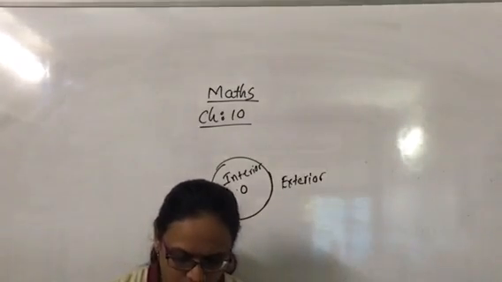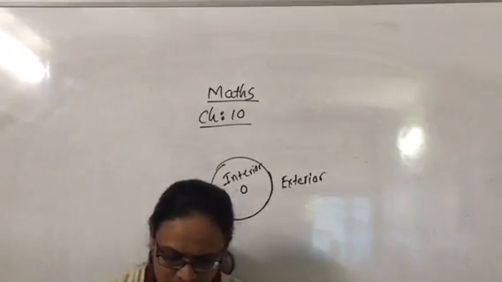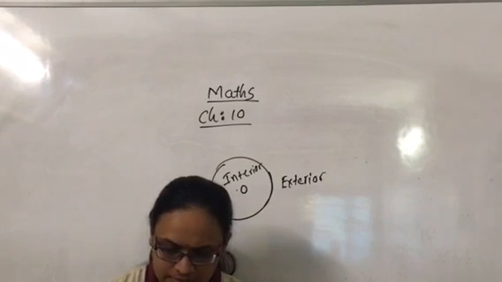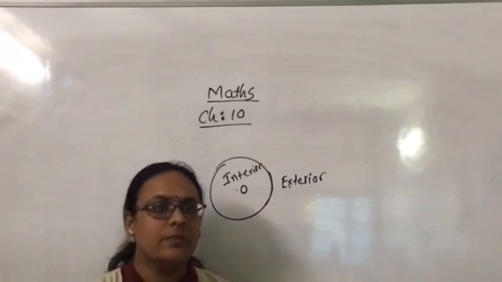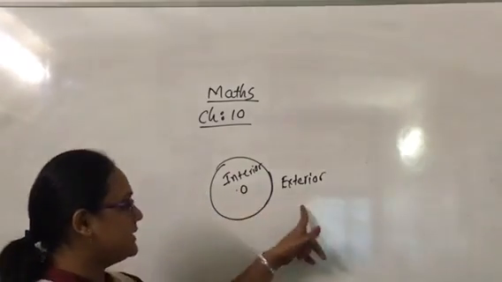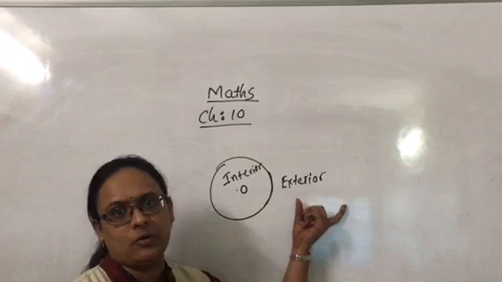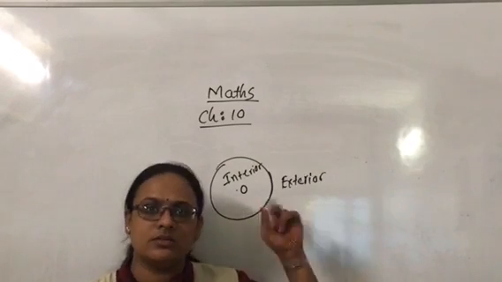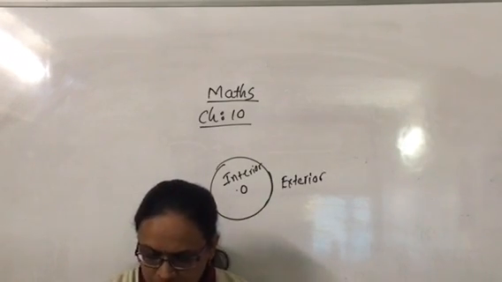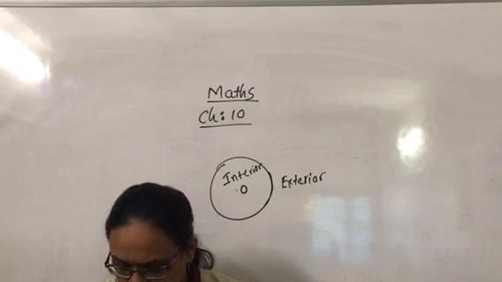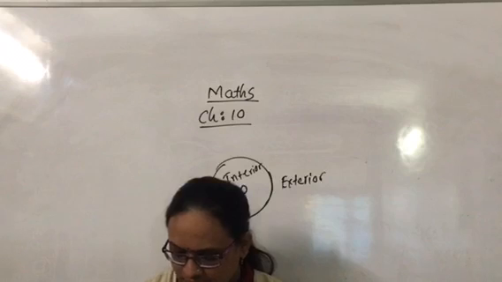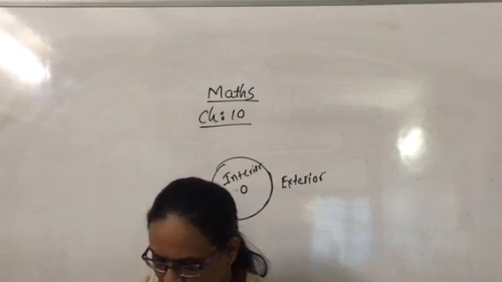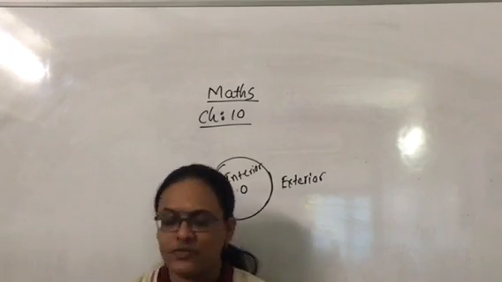Second, a point whose distance from the center of a circle is greater than its radius lies on the exterior. Since the distance is more than the radius, obviously that point lies outside the circle. The longest chord of a circle is the diameter. An arc is a semicircle when its ends are the ends of a diameter.